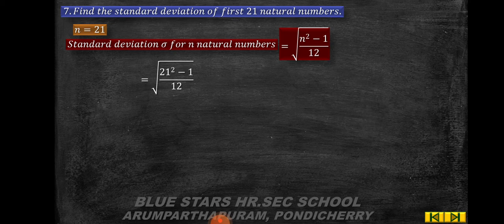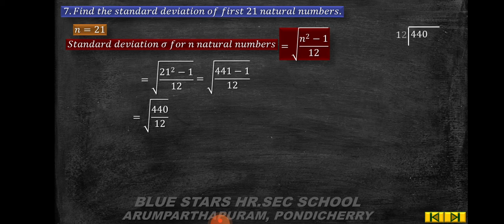Here n is equal to 21, so is equal to root of (21 square minus 1) by 12. So 21 square is 441 minus 1 by 12, which is equal to root of 440 by 12.